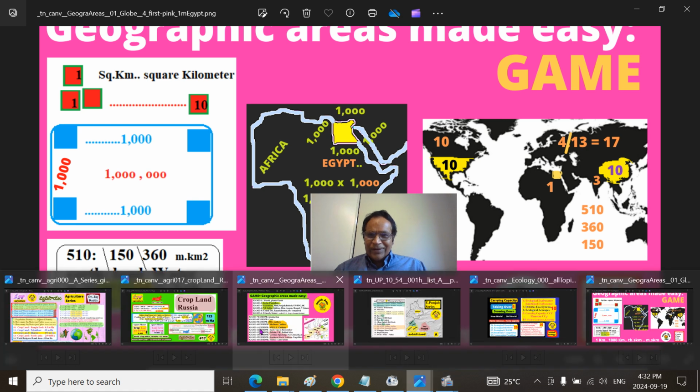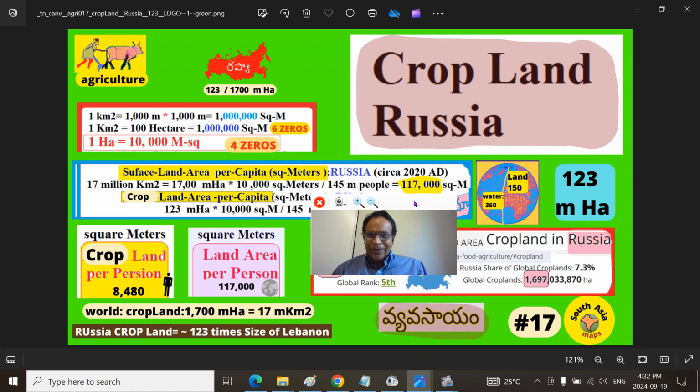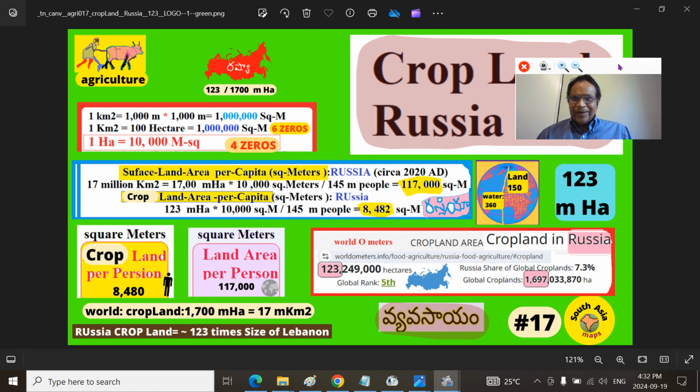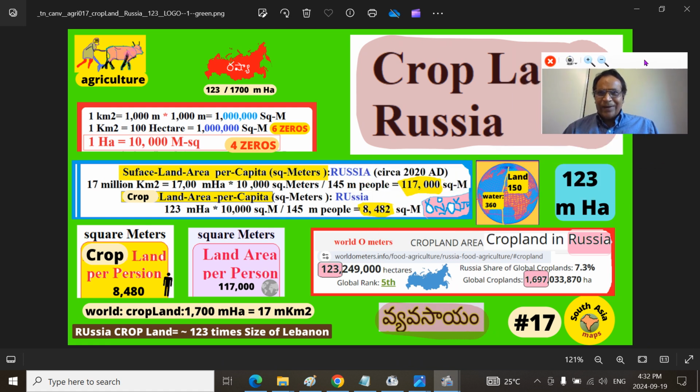Let's go back to our presentation. Cropland in Russia. You have to know how to convert square kilometers into square meters. 1 kilometer means kilo is thousand, three zeros, and squared that means 6 zeros in square meters.